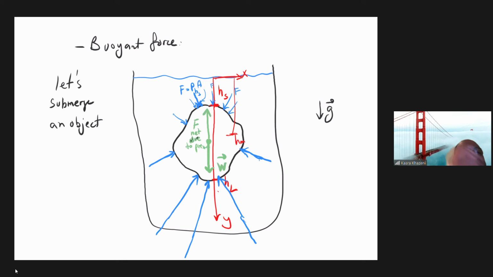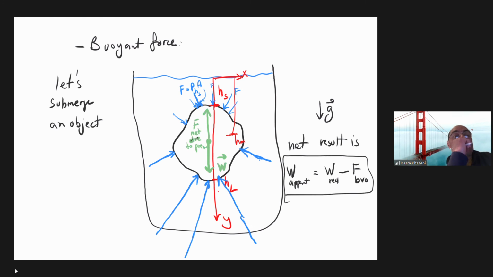So the net result is the apparent weight is equal to the real weight of the object minus the buoyant force. Okay? So this is the apparent weight of an object submerged inside a fluid, now in this case a liquid.